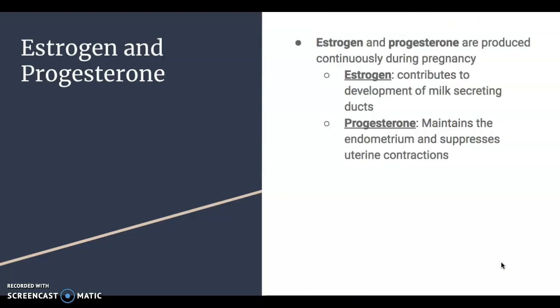Now let's move into the hormones estrogen and progesterone. Estrogen and progesterone are produced continuously during pregnancy. Estrogen contributes to the development of milk-secreting ducts, and progesterone maintains the endometrium and suppresses uterine contractions.